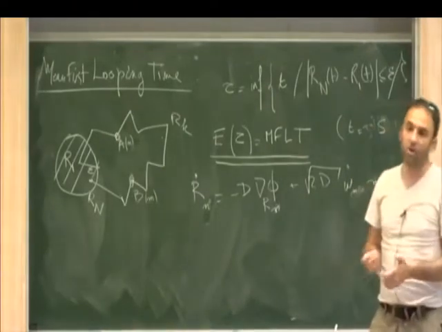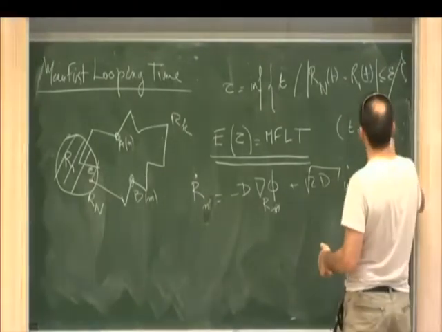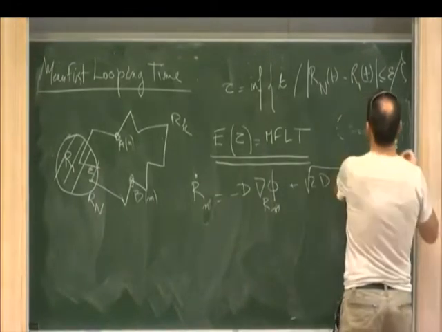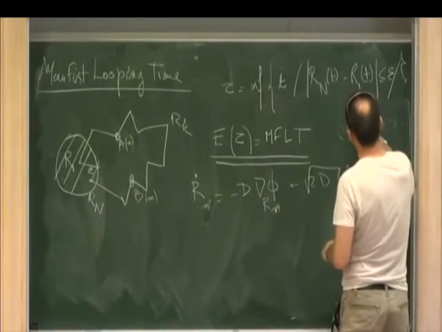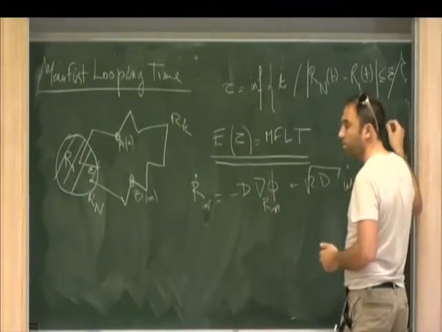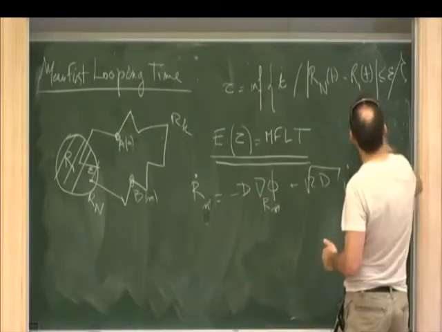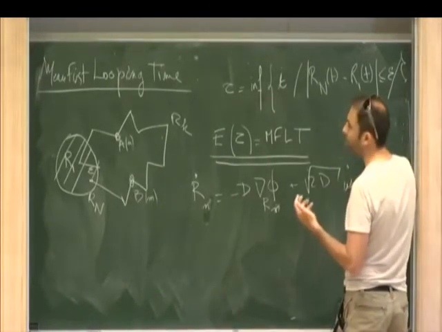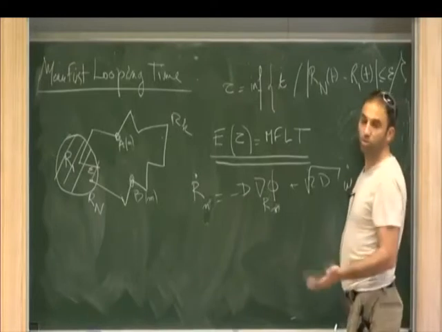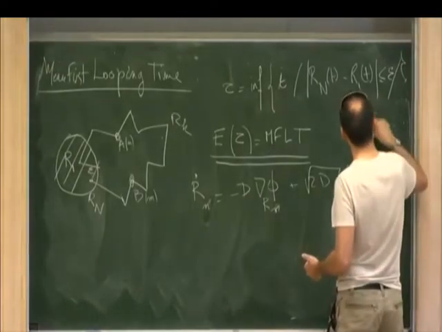So let's, for example, assume that at time 0, I don't know, Rn is equal to... What really we did here is we took the steady state distribution at time 0, assuming that you're at steady state.